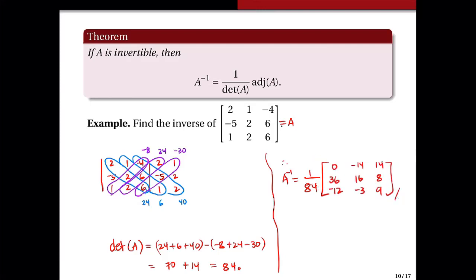And then we'll just multiply this 1 over 84 to each entry that we see in here, and that will be the inverse. So just write out the entries here.